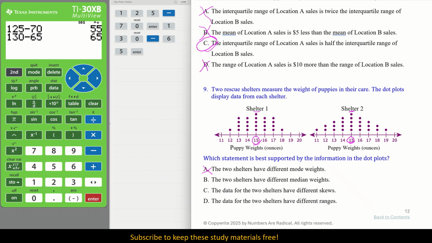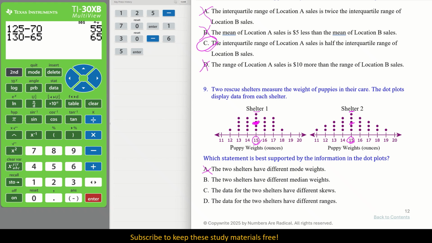B, the two shelters have different median weights. Oh, okay, we can see right away that that's not true either. Median weights are the middle. You go to the very middle of your data. Our middle would be somewhere in here with 15 and somewhere here. You just count to the center from each end.